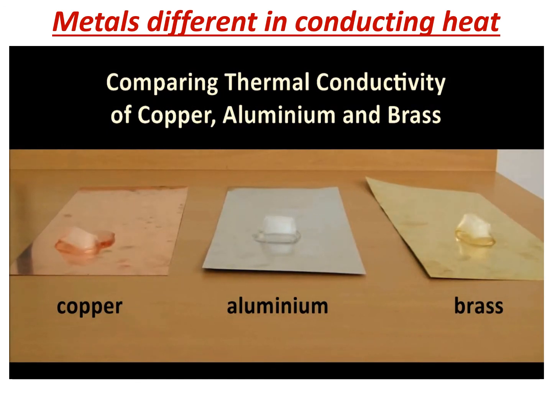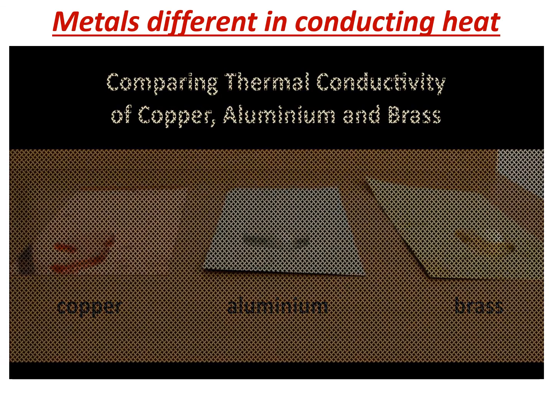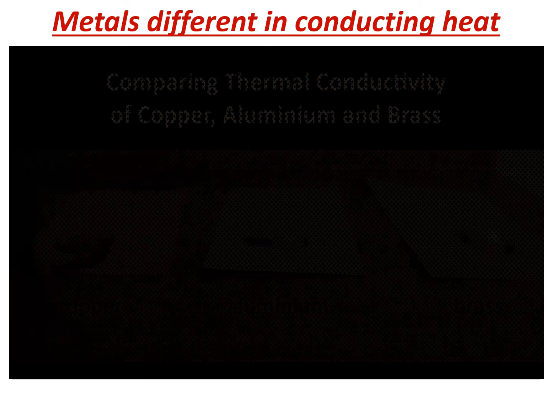Here we have copper, aluminum, and brass, like iron. Look at the ice. The ice melts faster on the copper sheet than aluminum, than iron.